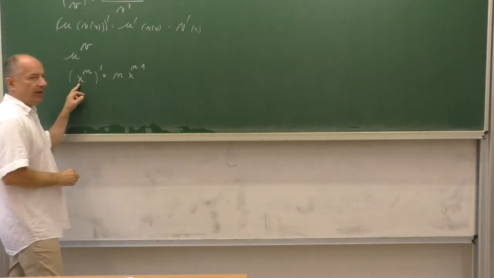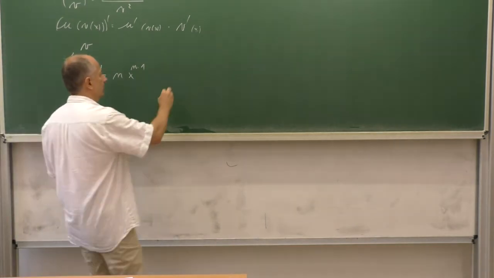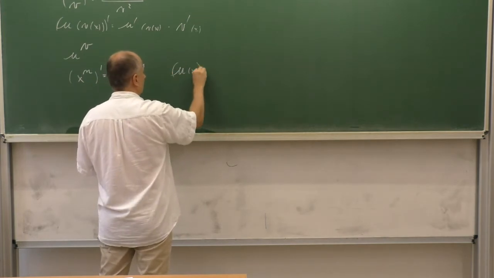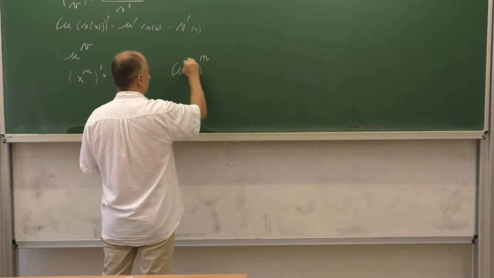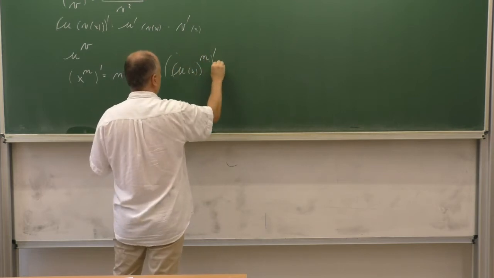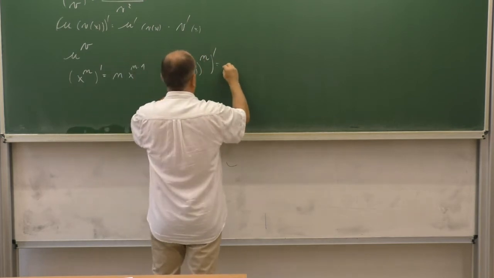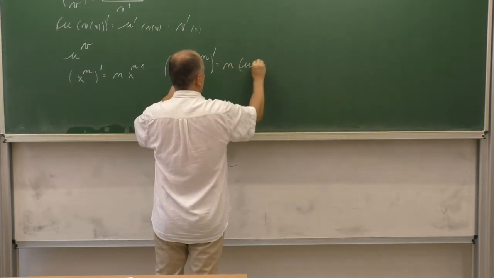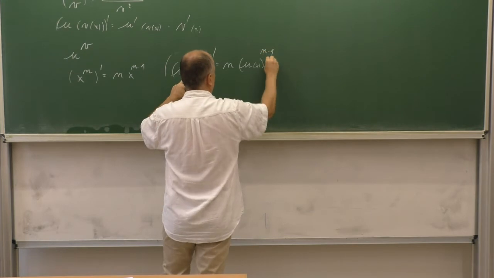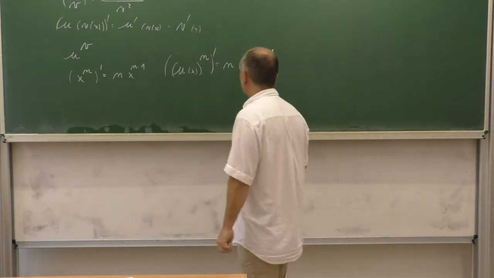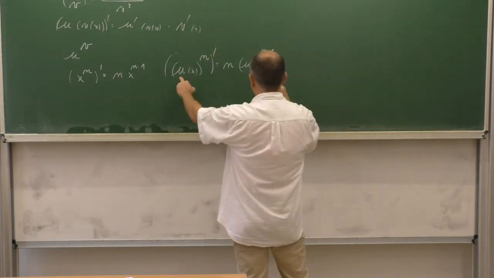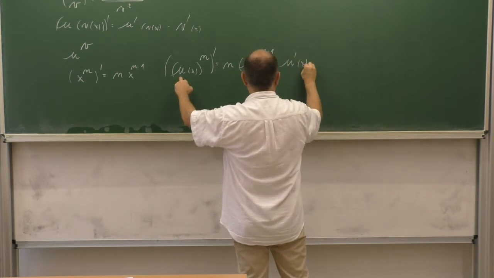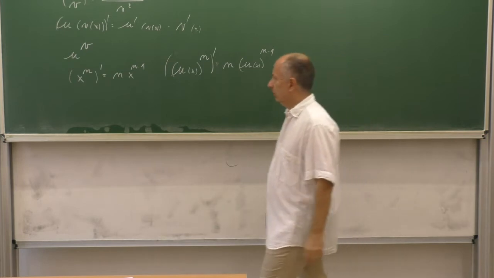Possibly, if the base is not x alone, and it is some expression u of x raised to the nth power, derivative of that will be similarly n times u of x raised to the power of n minus 1 times, because this is a composed function, u prime, the derivative of the inner function.